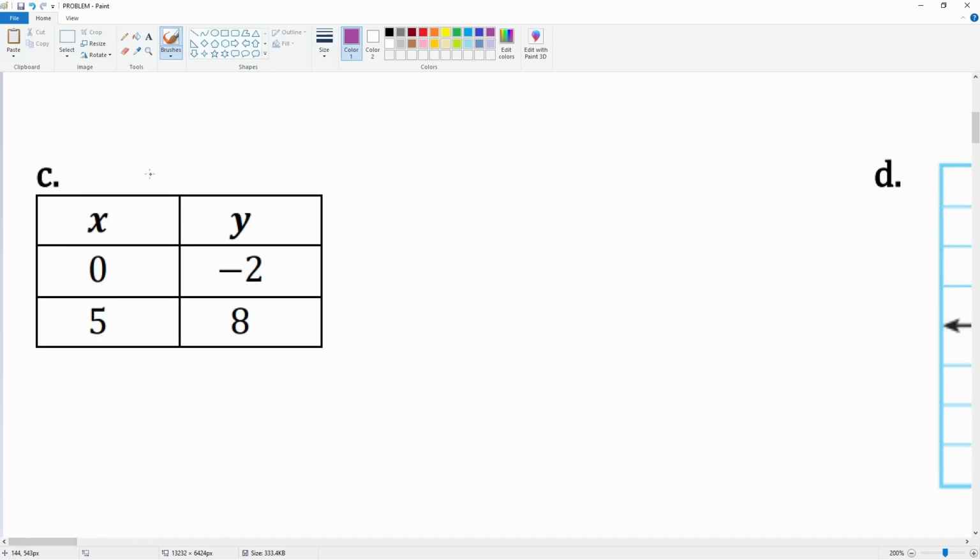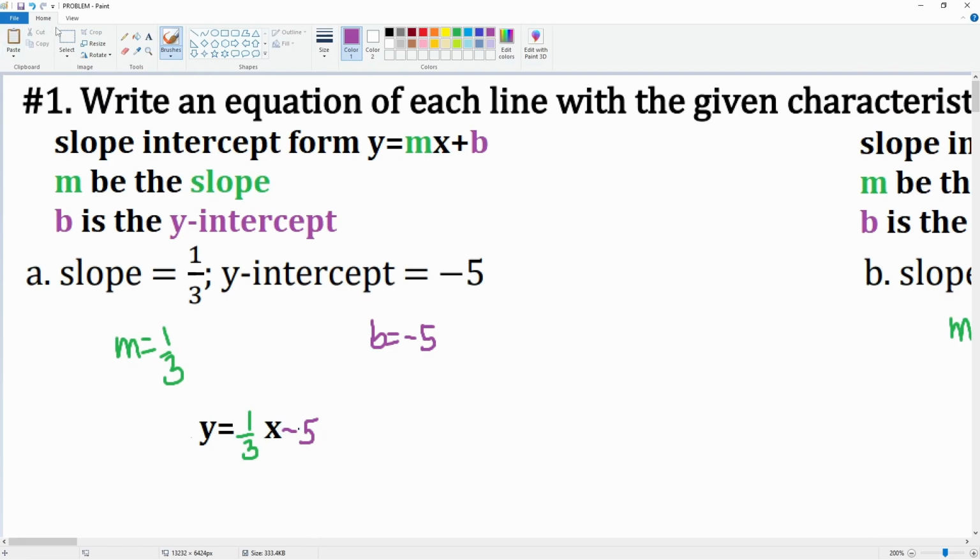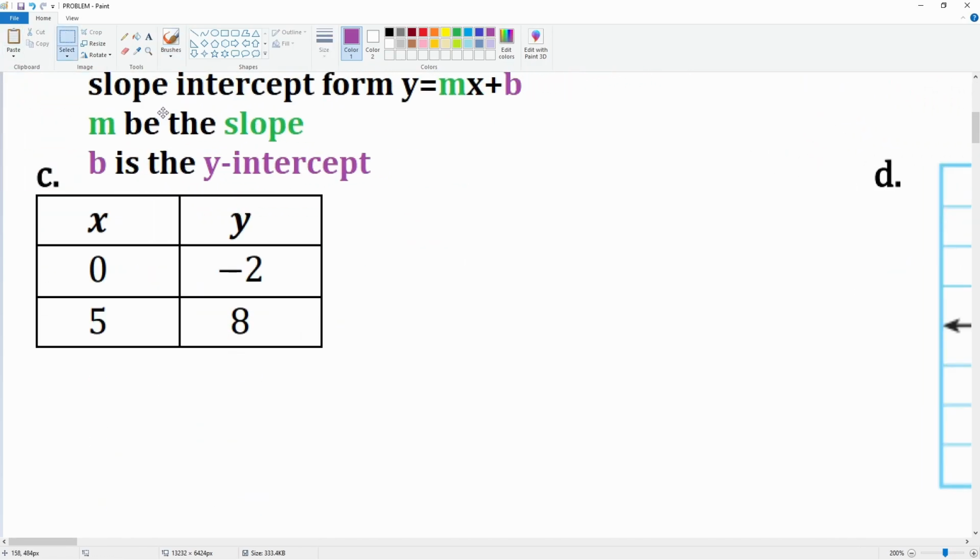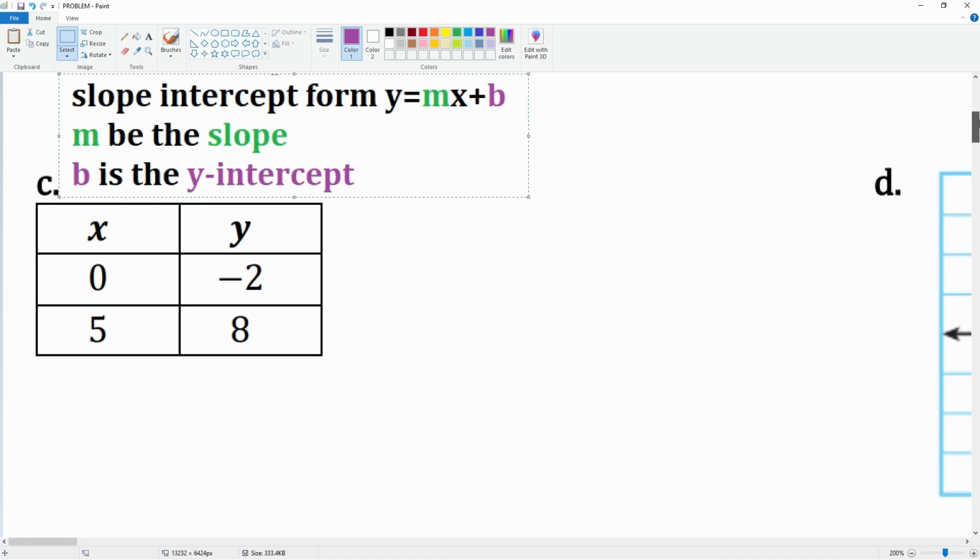Let's take a look at C. We want to have the same piece of information here. But the issue here is we need to find the slope. So let's find the slope. How we go from -2 to 8, this is delta y, adding 10. Then from here, which is your delta x, from 0 to 5, we're adding 5.